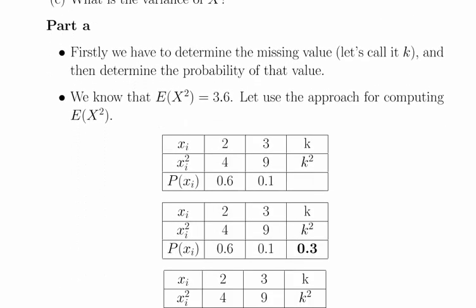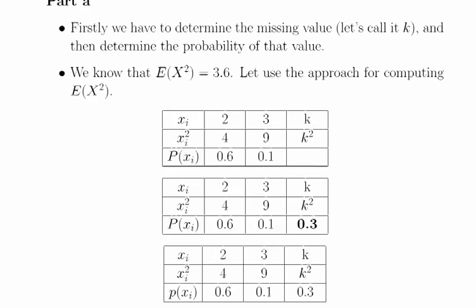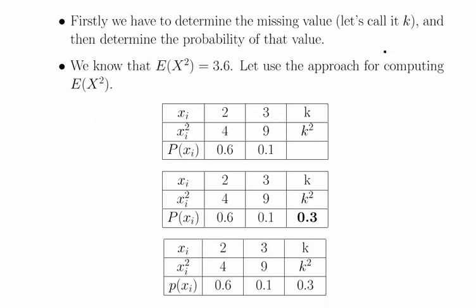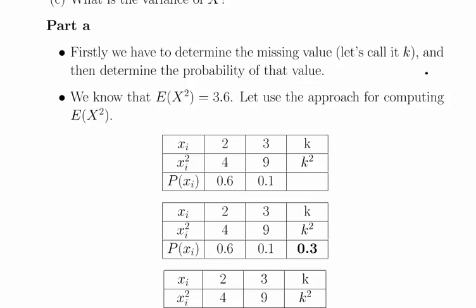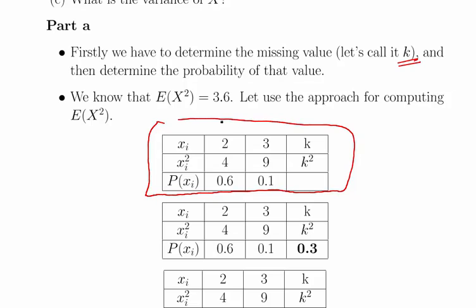So first off, we know that there's one other value, and we're going to call that value k. What we have to do is determine the probability of that. So we're going to set up our probability table: 2, 3, and k, and the X squared values are 4, 9, and k squared.